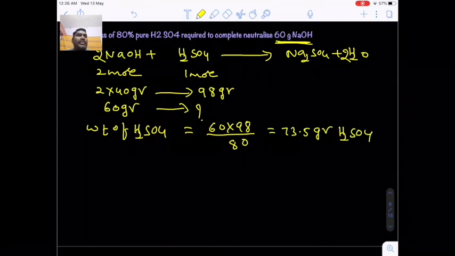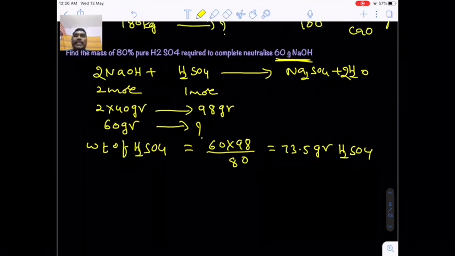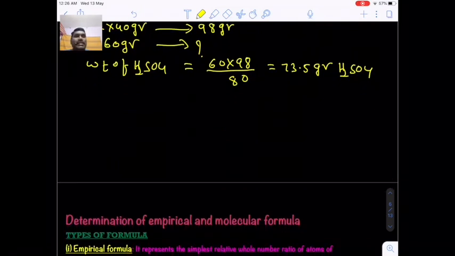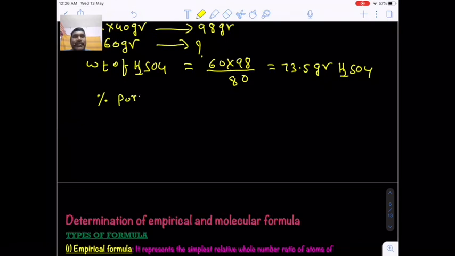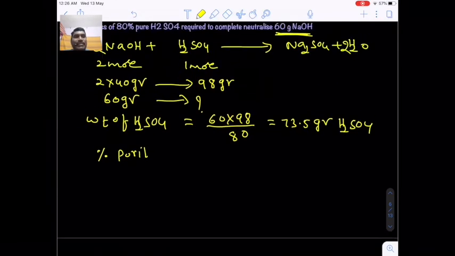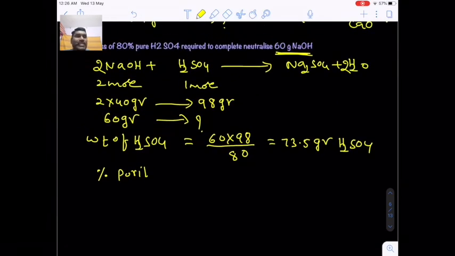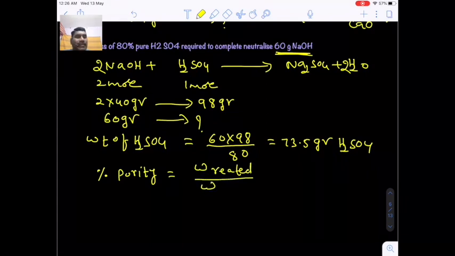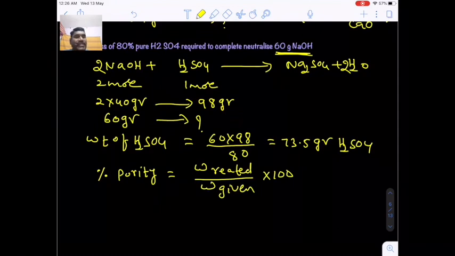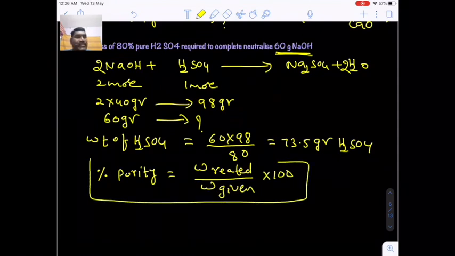Now the question is about 80% pure sulfuric acid. Now we know, what is the percentage purity? Percentage purity is equal to W reacted by W given into 100. This is the percentage purity of a sample.